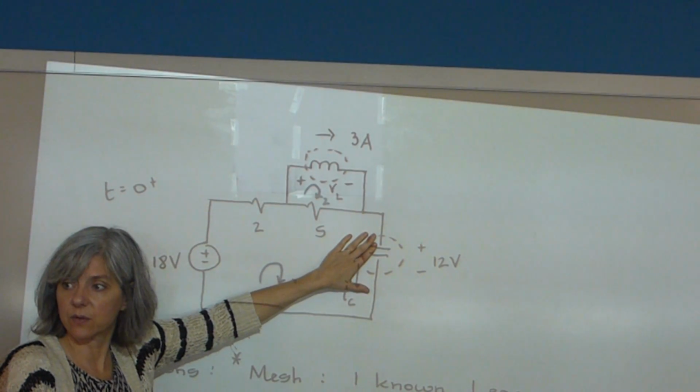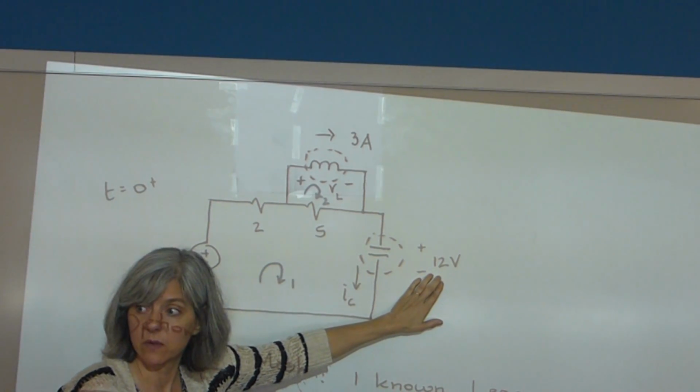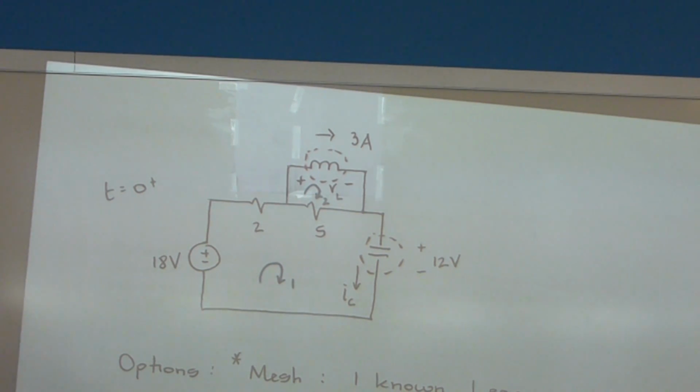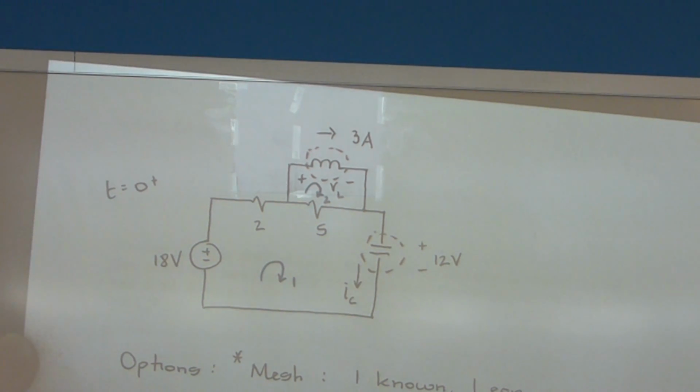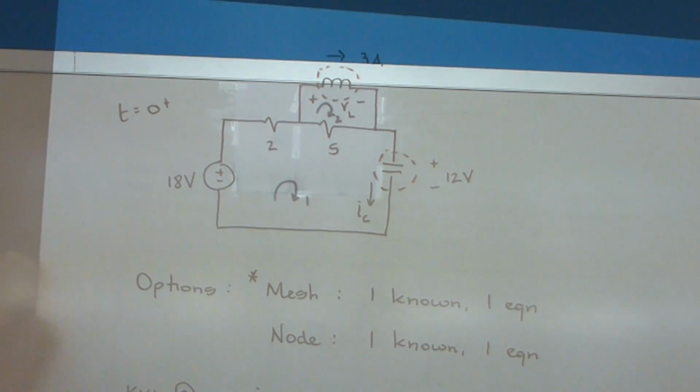What do I do with the capacitor? That will be just trouble. This is 12 volts, because I'm just in the single instant, and it's a drop, so it's positive: plus 12 volts. When you solve that, you get I1 is equal to 3 amps.